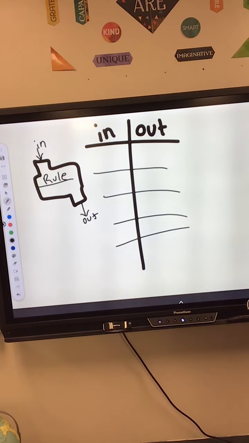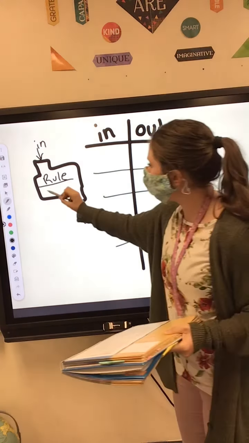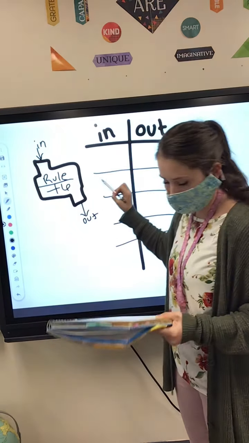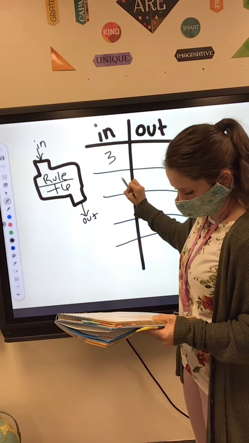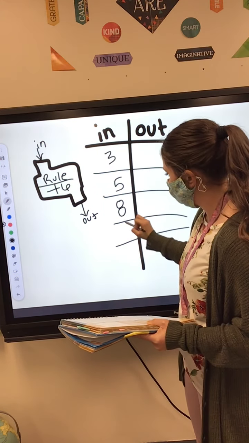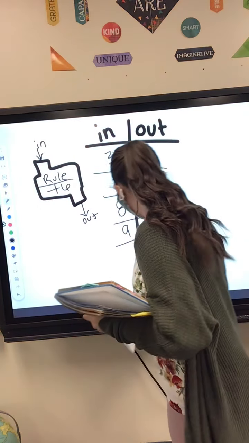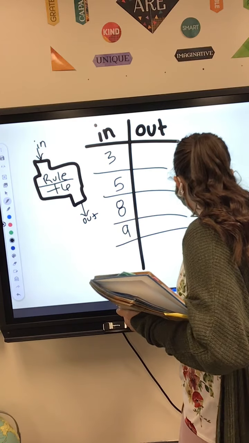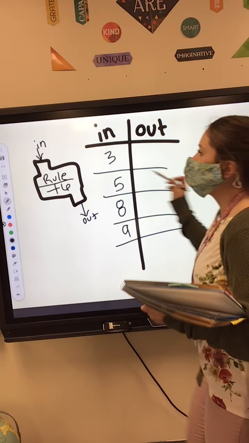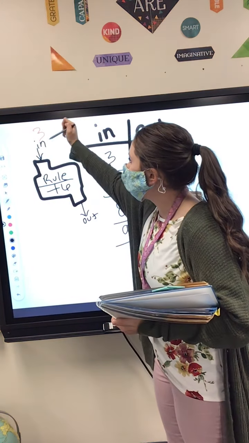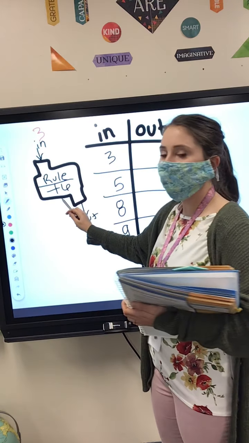So, for instance, if I had the rule plus 6 here, a 3 would go in to the box. What happens to it once it gets inside?